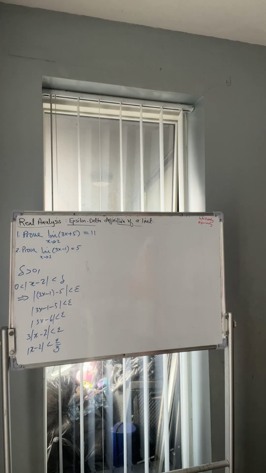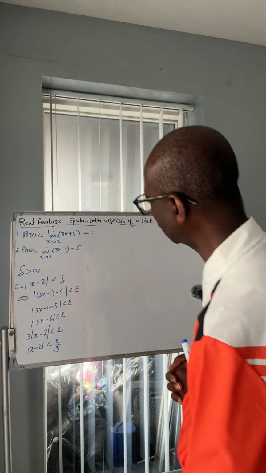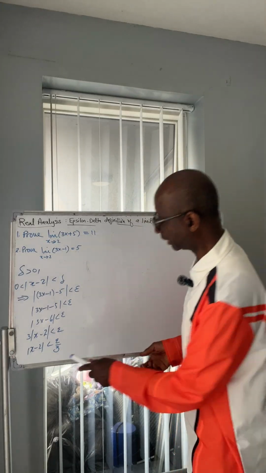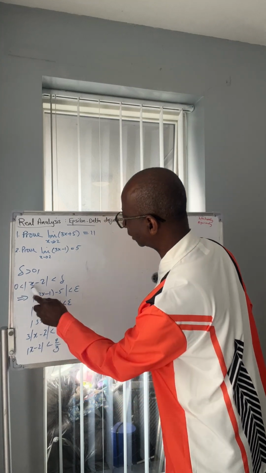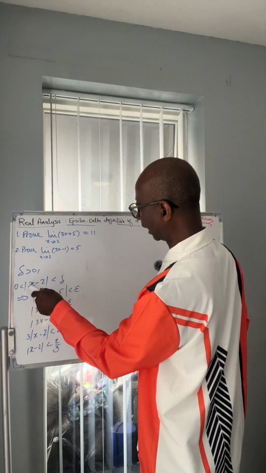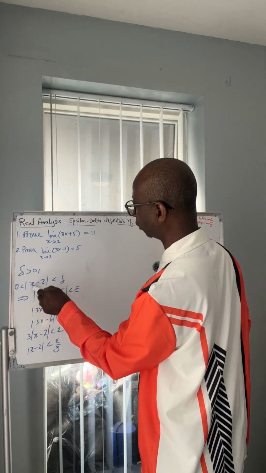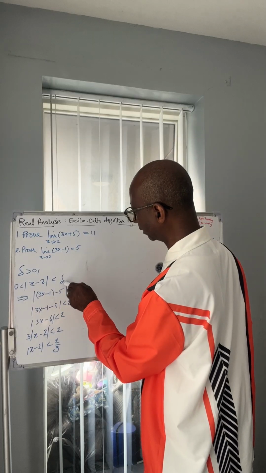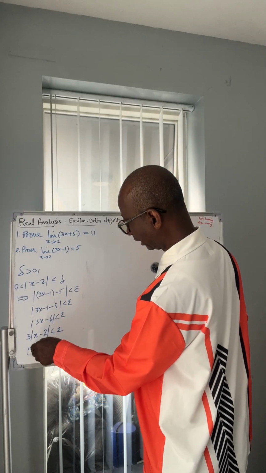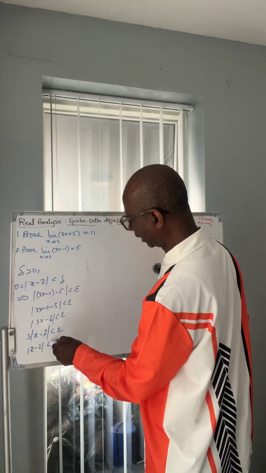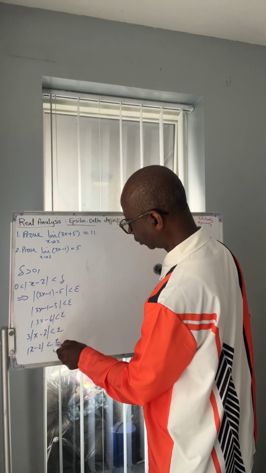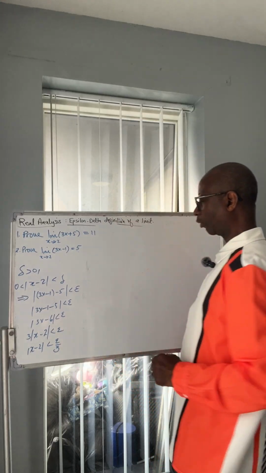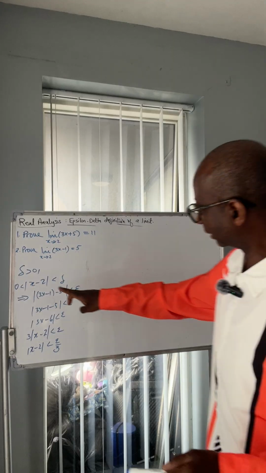From this one here, we can now choose a value for delta. It is easy now because this expression looks the same as this one. Here we know the absolute value of x minus 2 is less than delta, and we got the absolute value of x minus 2 is less than epsilon over 3. So you can see a relationship.